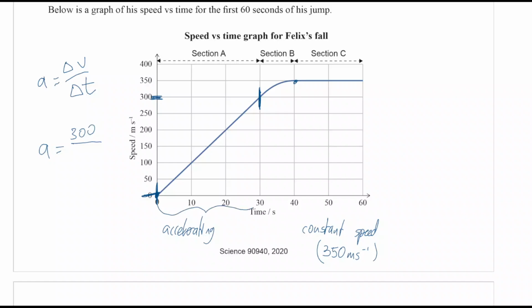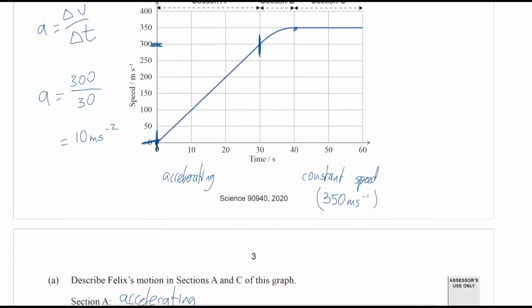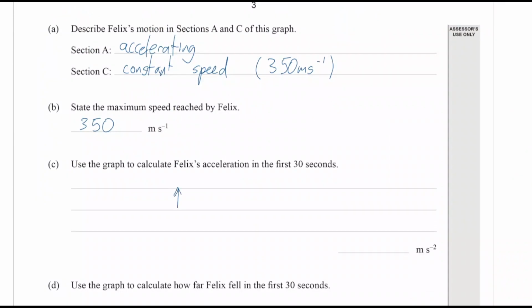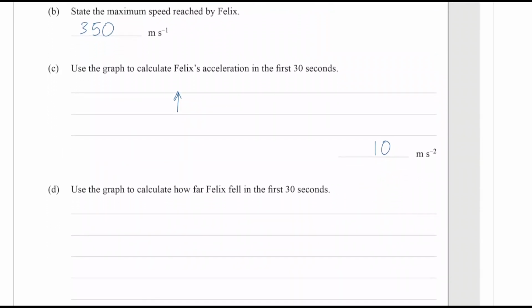We know it's the first 30 seconds, so it's 30 minus 0, or 30. So his acceleration would be 300 divided by 30, or 10 meters per second squared. So we've just shown our working above. 10 meters per second squared. Oh, they've already given us units. How nice. They're not usually this nice, so be on the lookout to be putting your units in. But that's very kind of them.